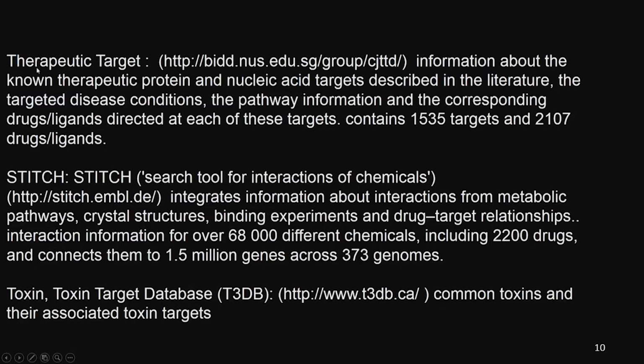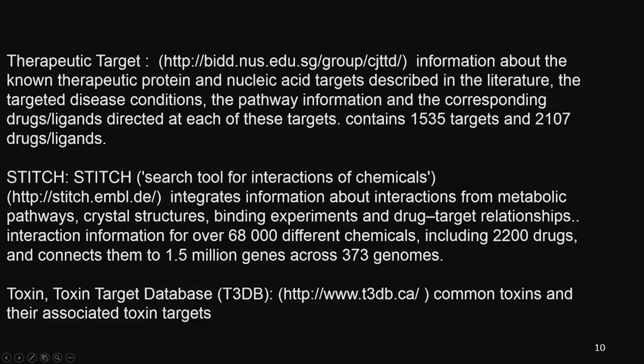Then there is another software, it's called Therapeutic Target Database. So it has data information about therapeutic protein and nucleic acid targets described in the literature, including the targeted disease condition, pathway information and so on. Then there is another software called STITCH.